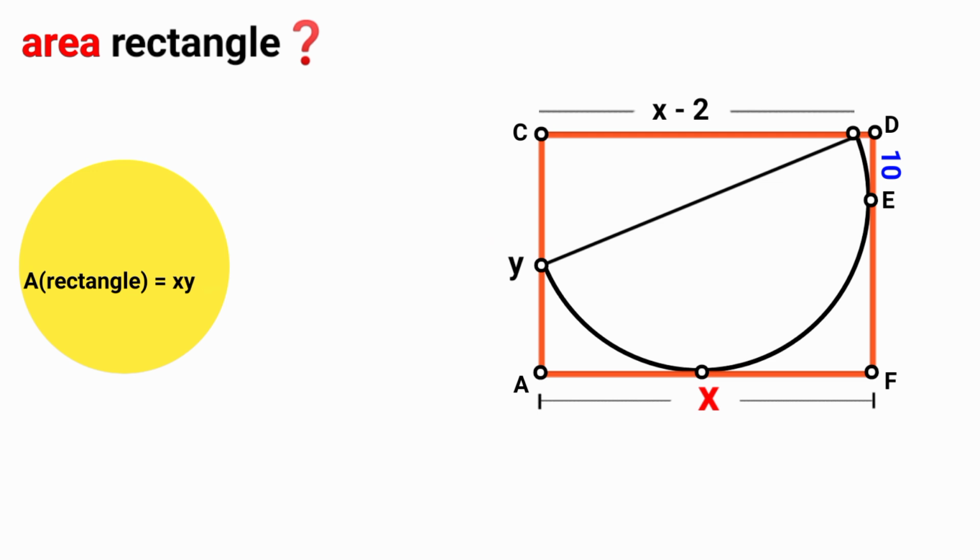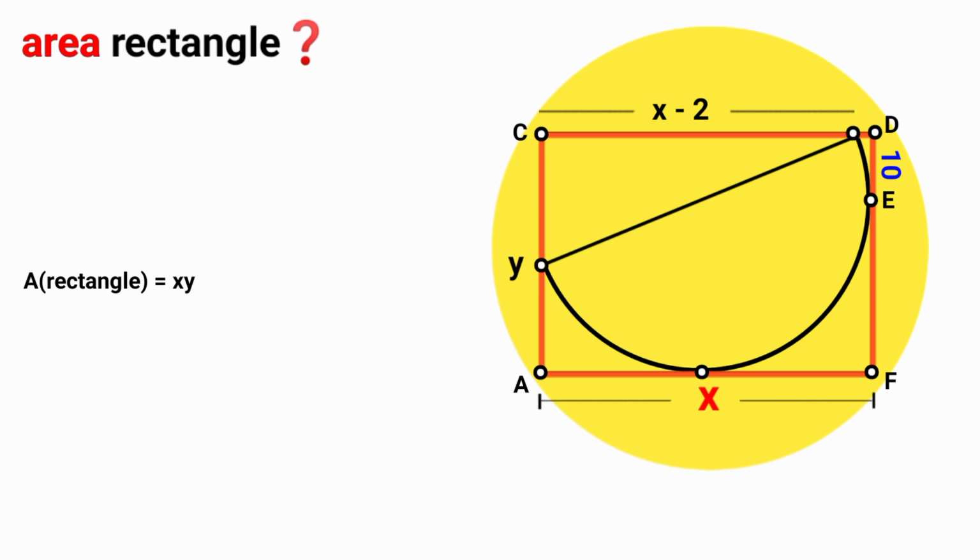Now what are the values of x and y? We don't know. But still on the rectangle, we know opposite sides of a rectangle are congruent. That is, this side is congruent with this. Similarly, this is also equal with this. So since this is x, this must also be x.